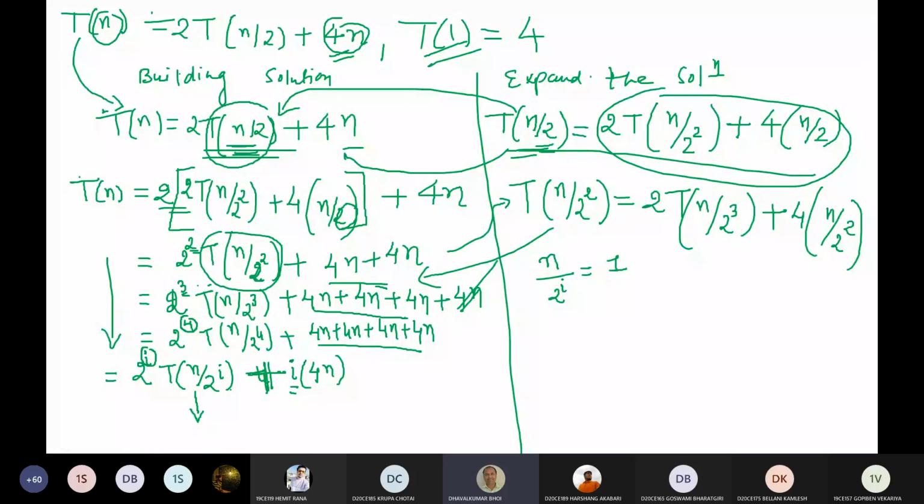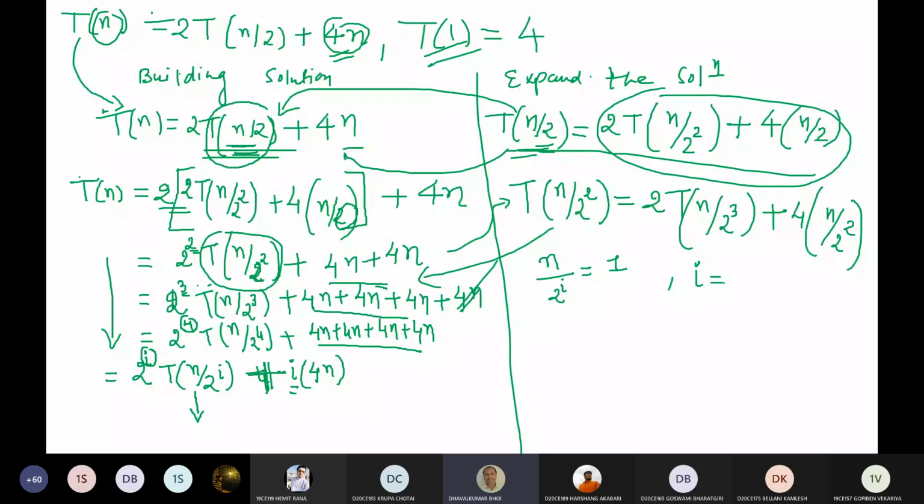So n divided by 2 raised to i is equal to 1. Can anyone tell me what will be the value of i? When you solve the same example using the recurrence tree method, this i will be the depth of your tree. So what will be the value of i here?